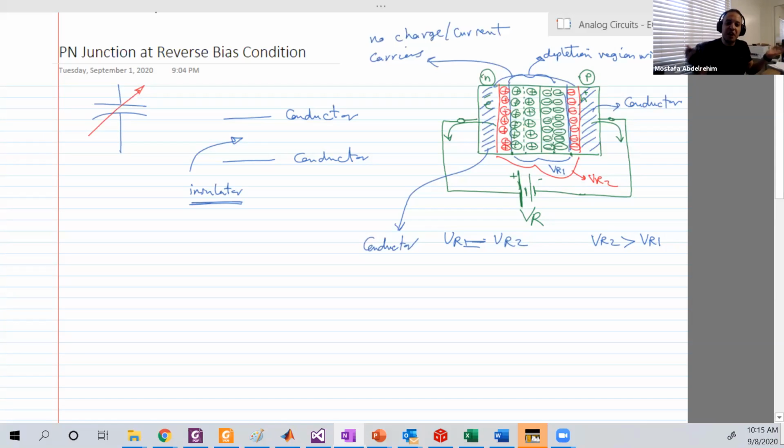So it's like an insulator: a material that has positive and negative charges, but no current can flow through it. And for any capacitor, the capacitance is epsilon, the electric constant, multiplied by the area of the conductor, divided by the distance between the two plates.